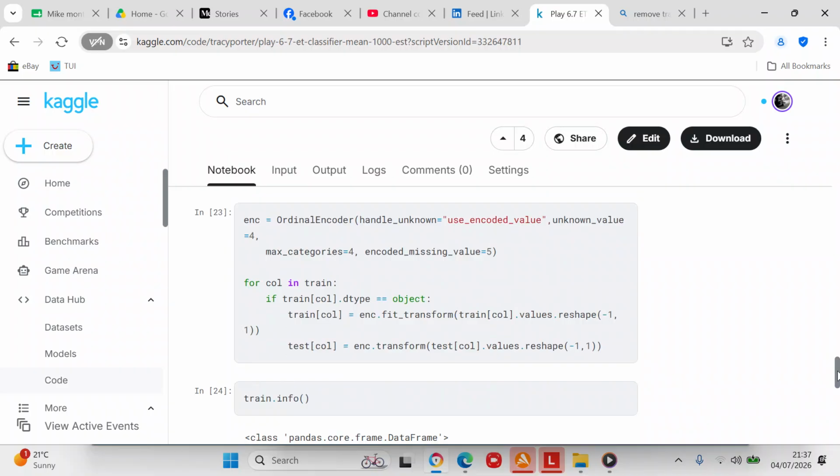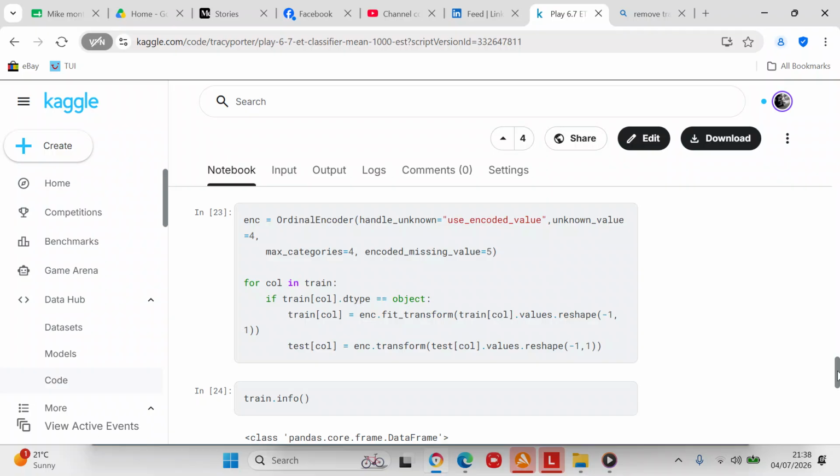And the reason why it's going to be a little bit different is because we had to impute the null values. And because we had to impute the null values in the test data frame, we had to create an extra category. And so the handle unknown is going to be use encoded value, and unknown value is 4.